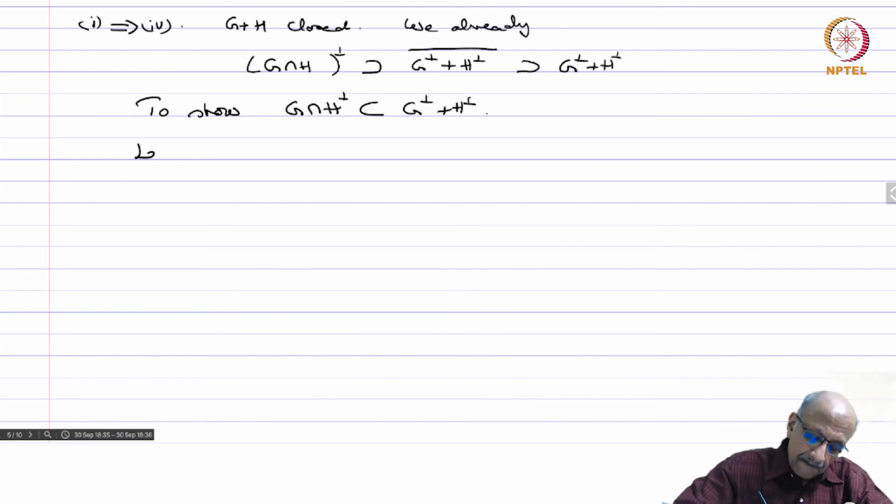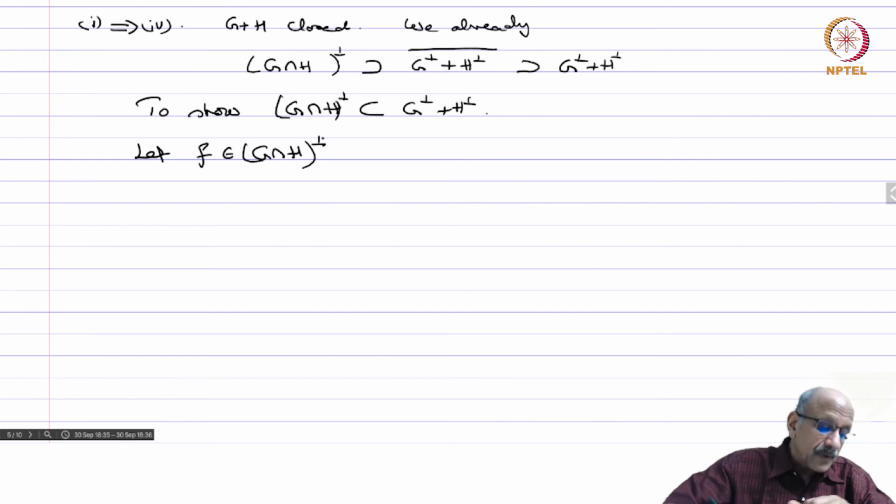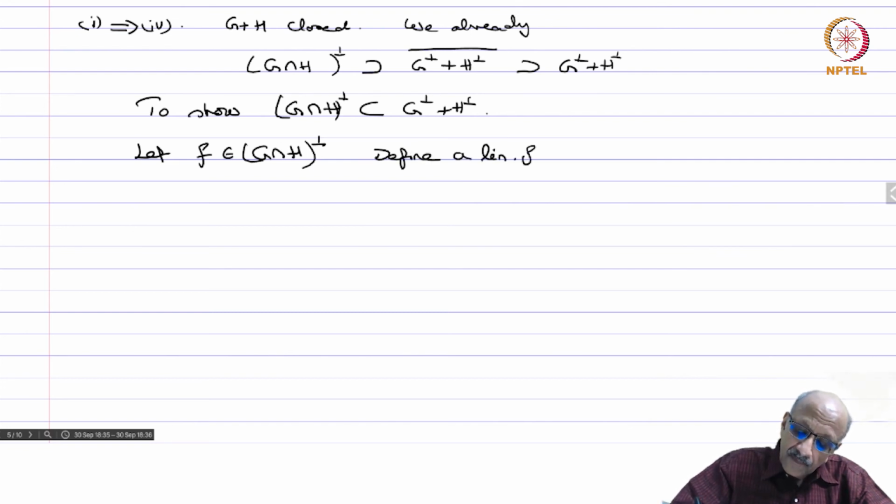So let f belong to G intersection H perp. So define a linear functional on G plus H as follows.